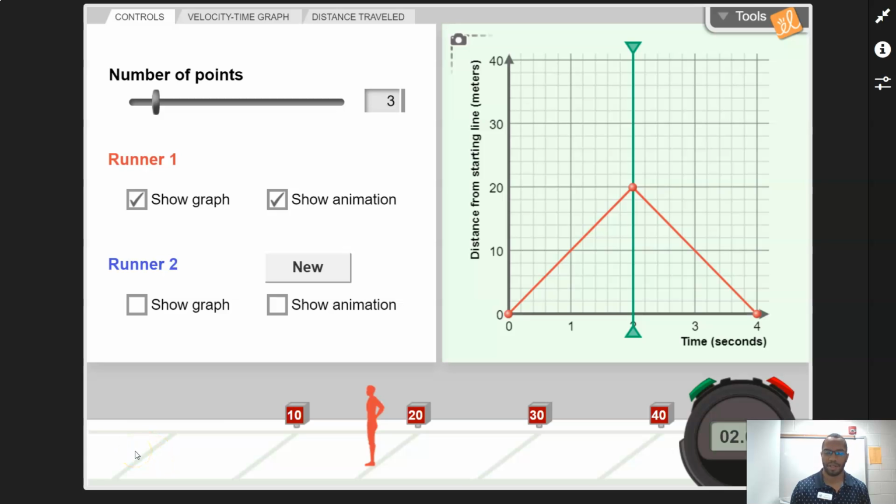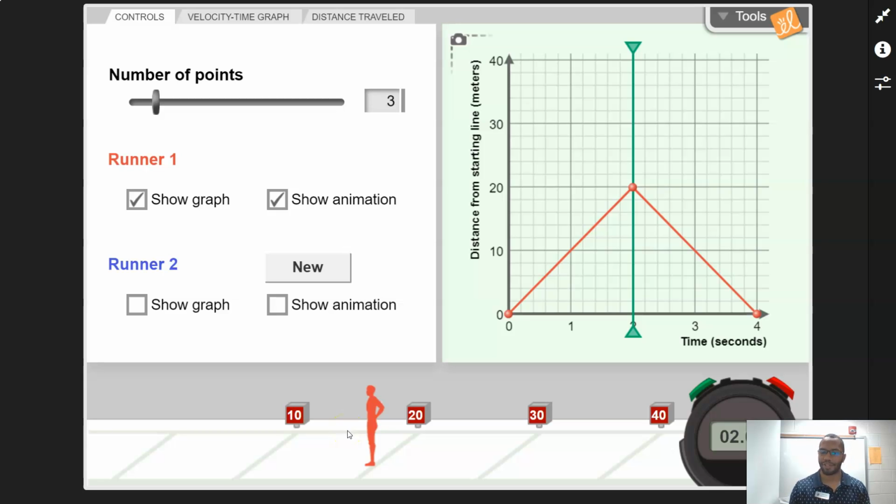The person started here, and they traveled all the way to 20 meters. Now, at this moment, what is the displacement? The displacement is also 20 meters. The reason is that the runner is 20 meters away from where it started.